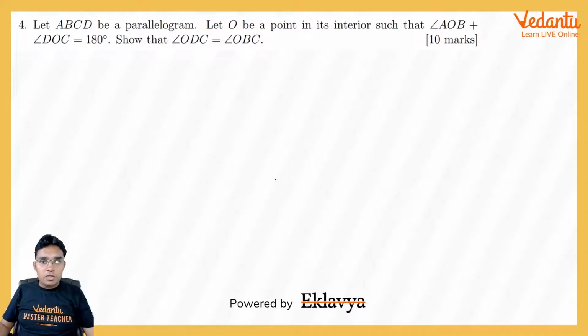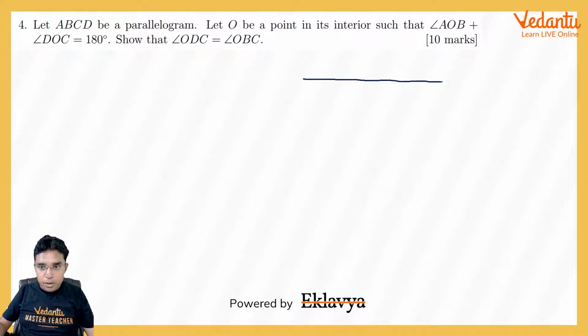Now coming to question number 4, which says ABCD is a parallelogram. O is a point in its interior such that angle AOB plus angle DOC is 180 degrees. Show that angle ODC is equal to angle OBC. Now to do this question, let us first draw a parallelogram.